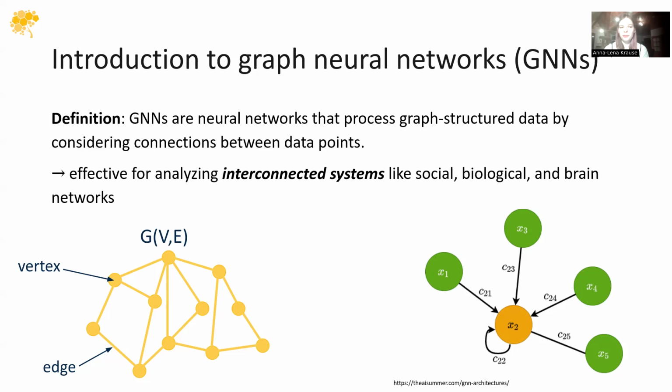And these have been pretty effective for analyzing interconnected systems, like for instance, social systems, like networks of friends on Facebook, where the connection would be who's friends with who on Facebook, or biological networks like molecules, or also brain networks.